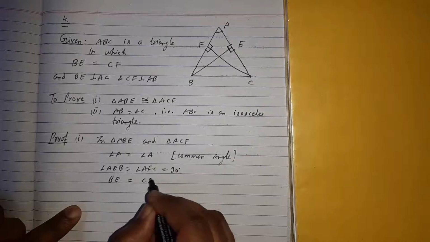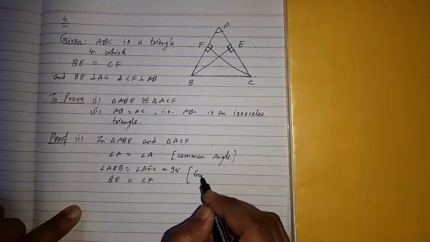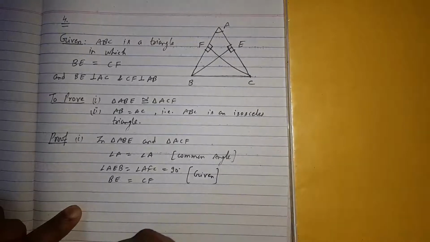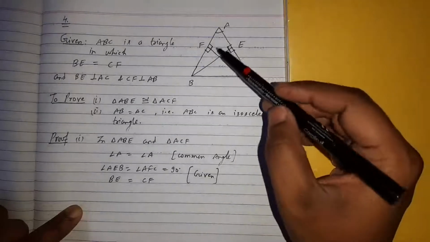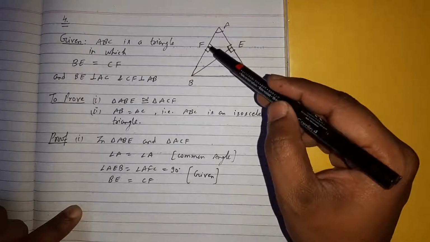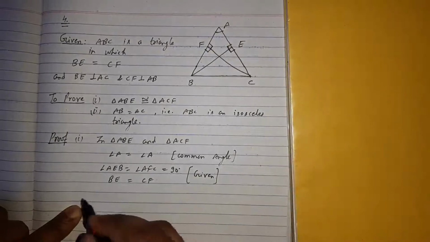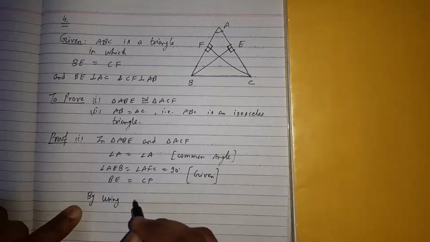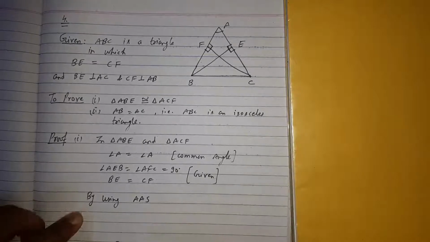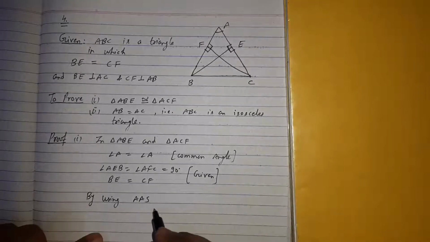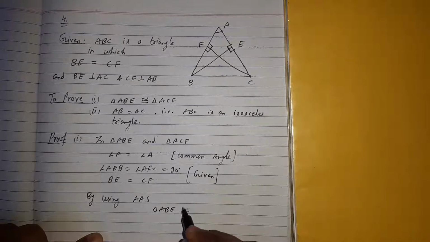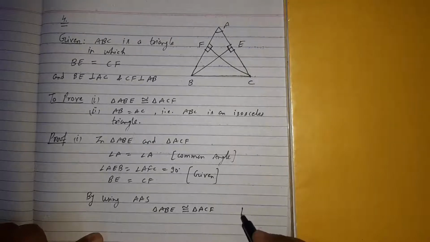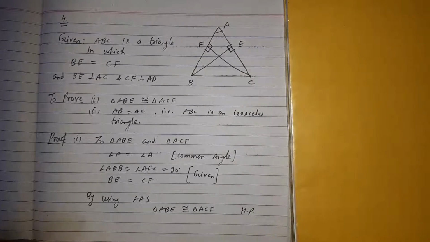So by using angle side, again the same criteria, triangle ABE is congruent to triangle ACF. Hence proved the first part.